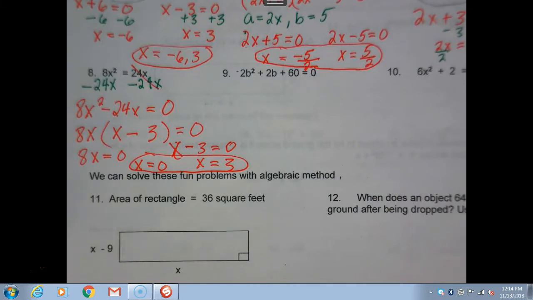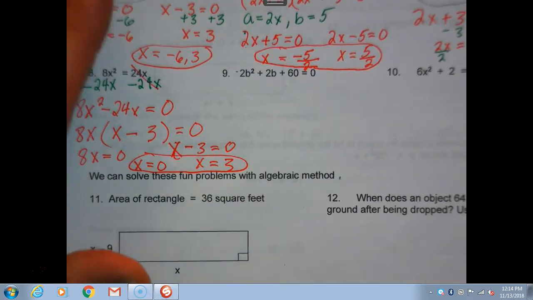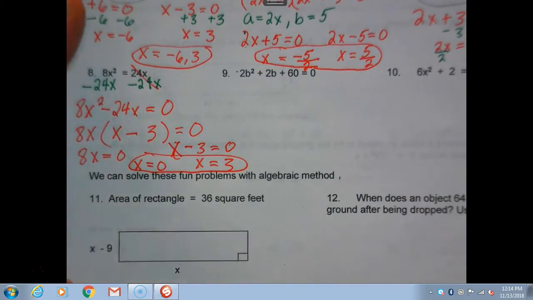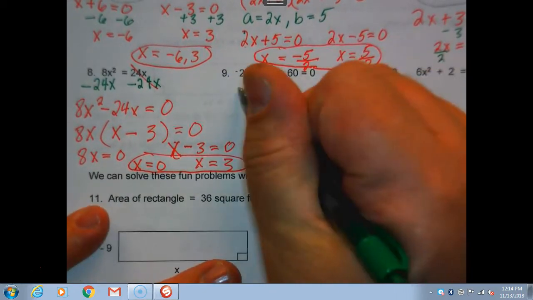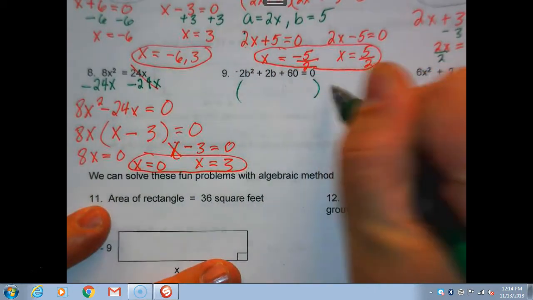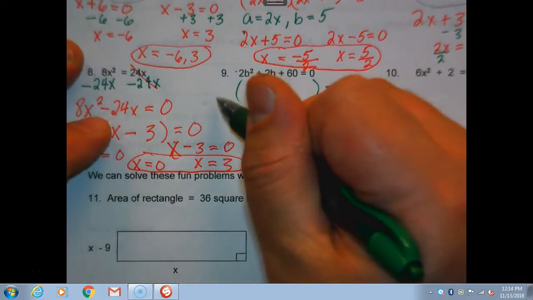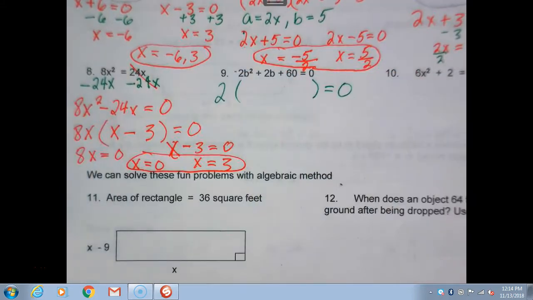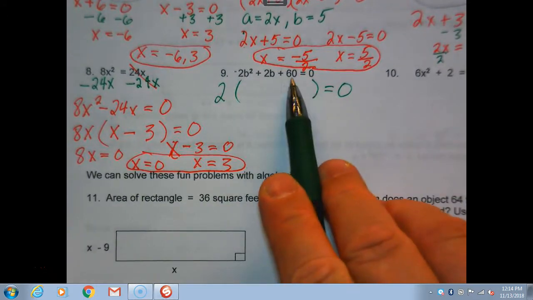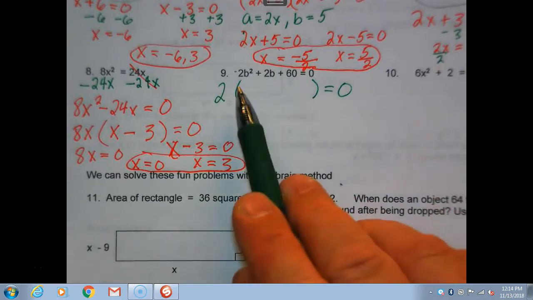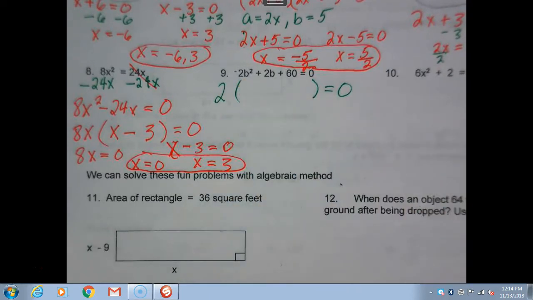Number 9. What can I take out? Anything else? Does that have a b? Do you guys know how to factor a negative b squared? So what should we take out along with the 2?